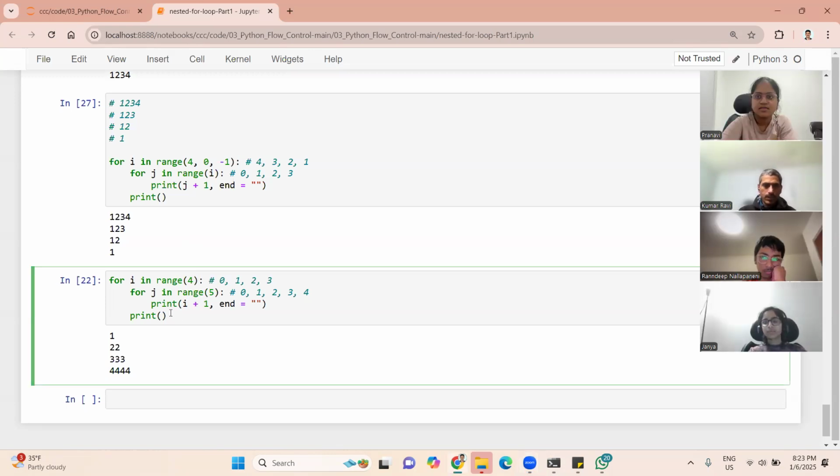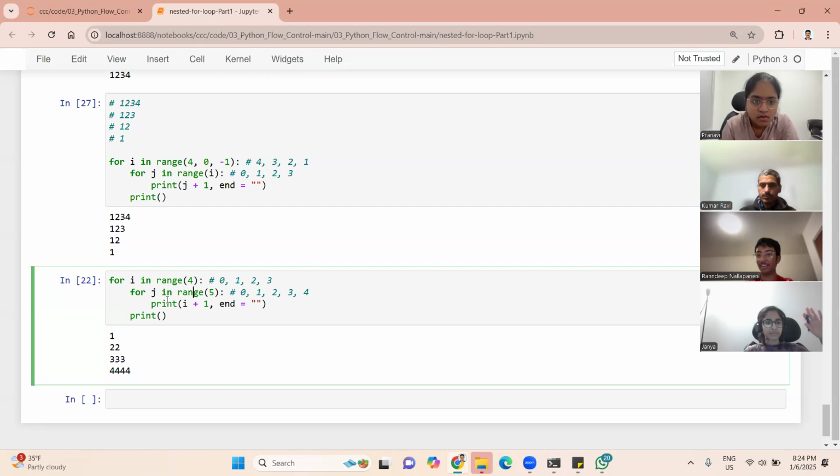Can you tell me what is it going to print? Randeep, yes, sir. What will be the output? Janya, sir, I'm expecting it's going to print like this.